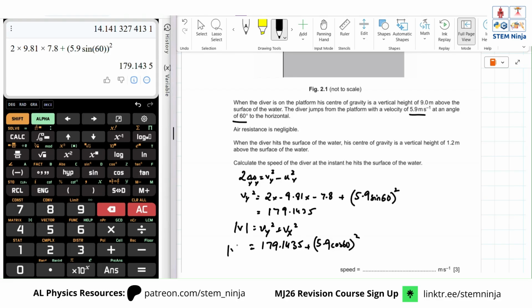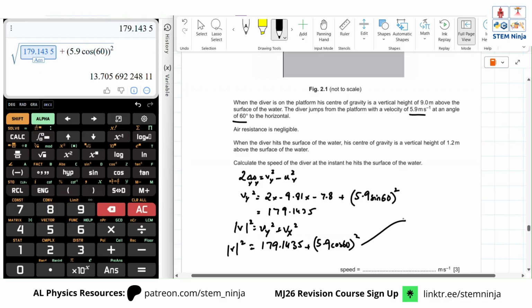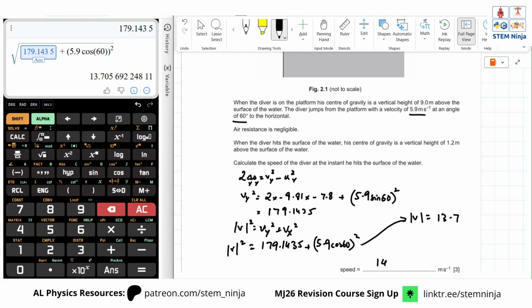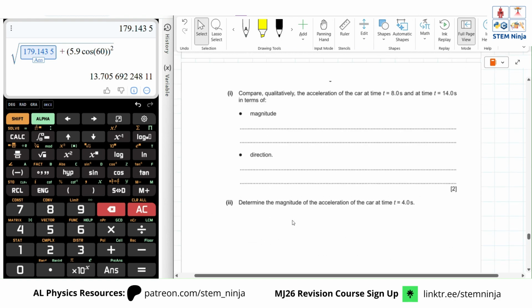So this answer plus (5.9 cos 60) whole squared. This is coming out to be 13.7. So basically you could say 40.